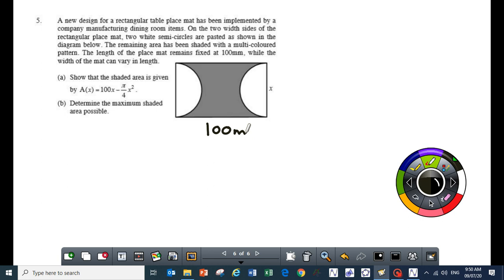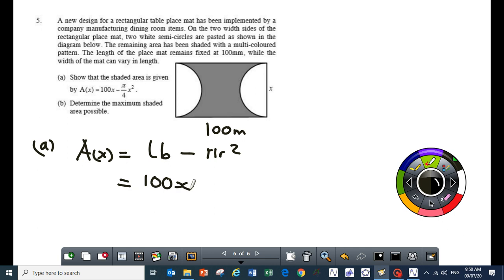So part A, the area with respect to x is equal to the area of the rectangle, that's length times breadth, minus the area of the circle, that's pi r squared. Your length is 100, your breadth is x.